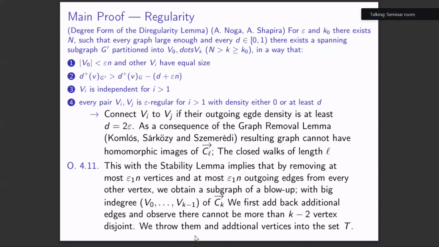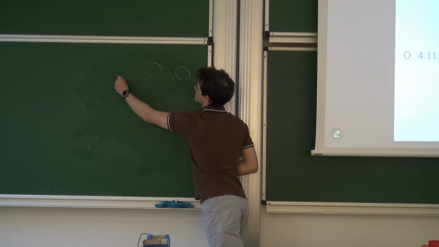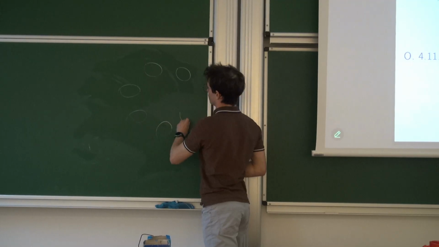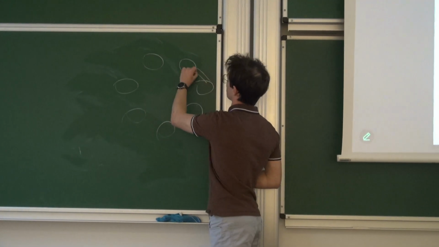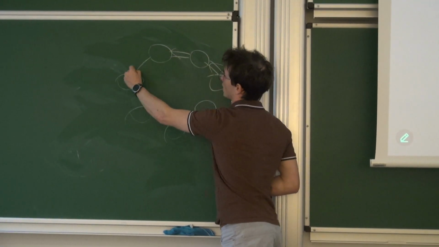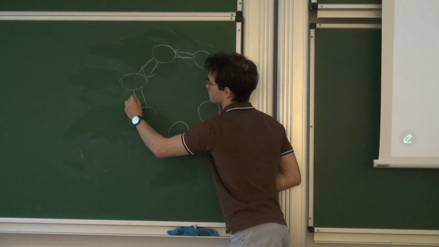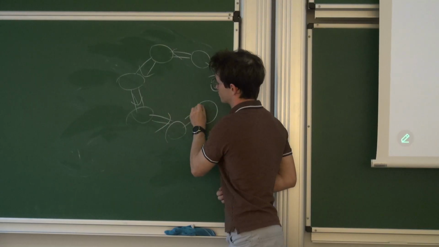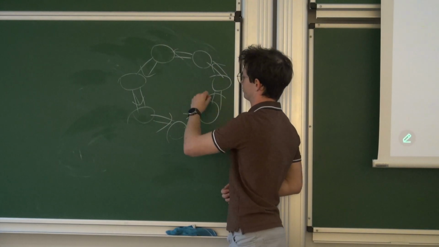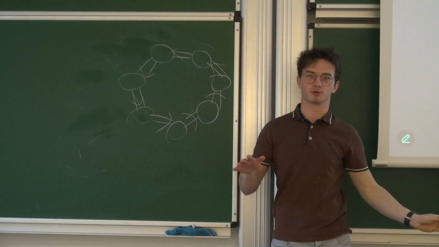Then what we simply do is we use the stability lemma. We know that we basically have a blow-up of CK with large in-degree and large out-degree. And we here still assume, of course, that L is even. Why do we assume that L is even, you may ask?